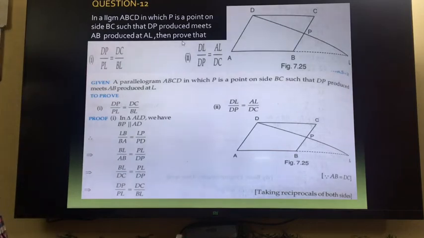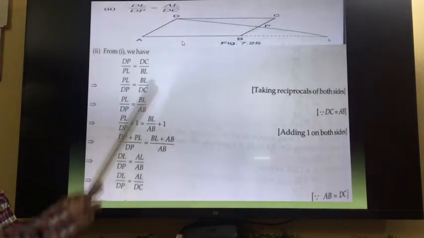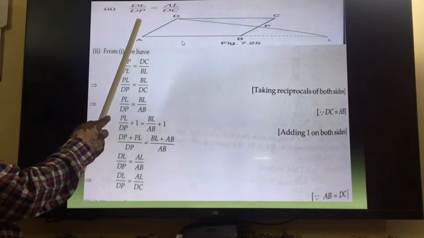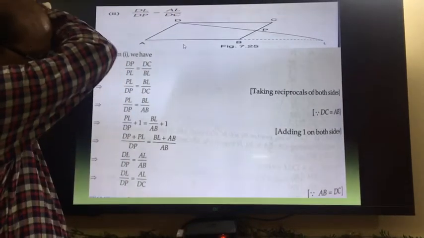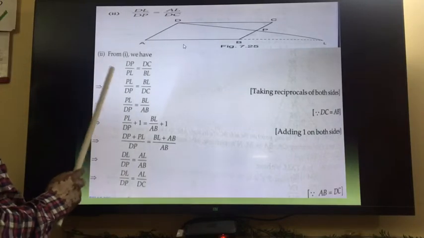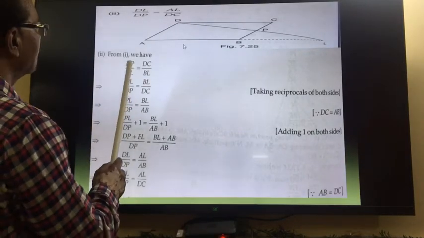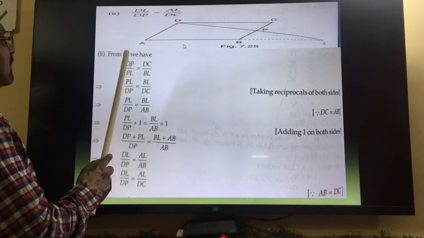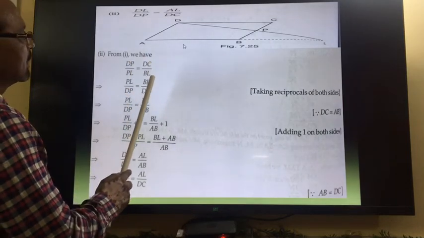Now second part, we have to prove DL upon DP is equal to AL upon DC. Diagram is same. So see, for this, in the first part we have already proved DP upon PL is equal to DC upon BL.